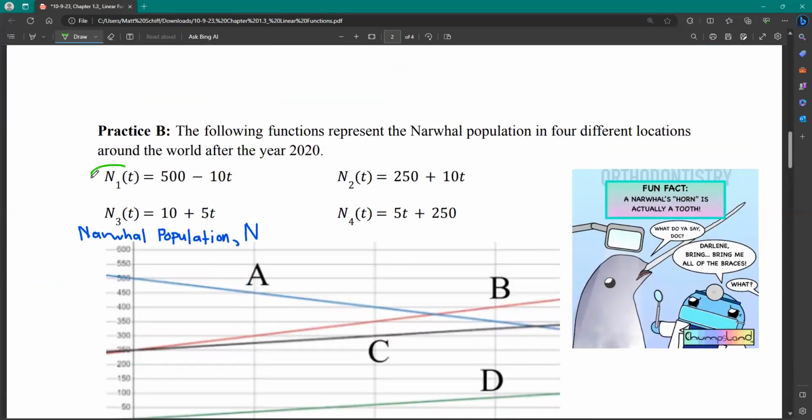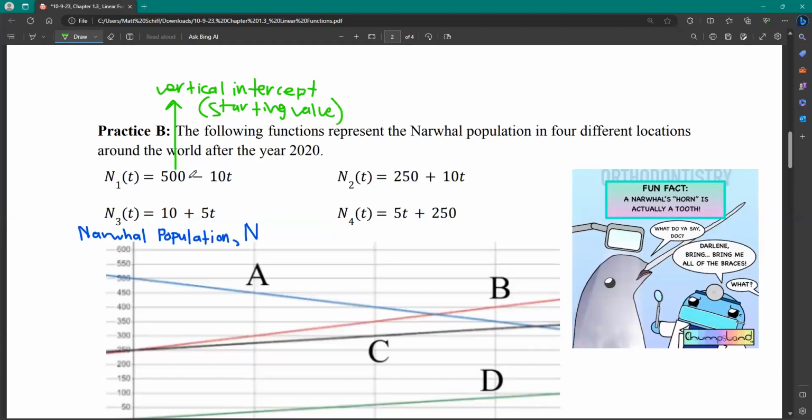So looking at n1 of t, we have 500 minus 10t. So as we saw in practice A, this is your vertical intercept, this constant without the variable. 500 is the vertical intercept, or you can think of it as the starting value.